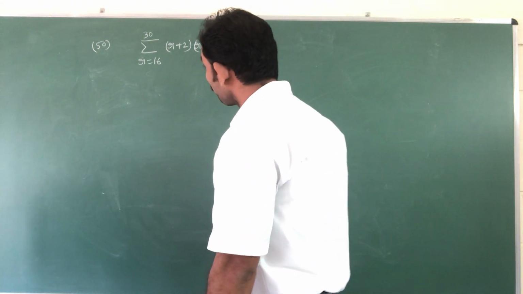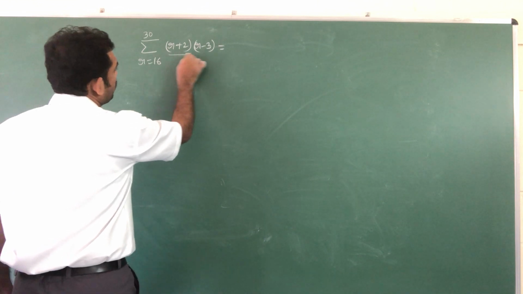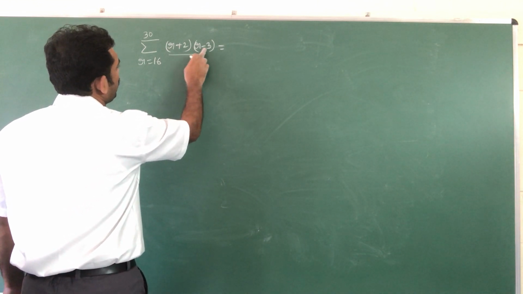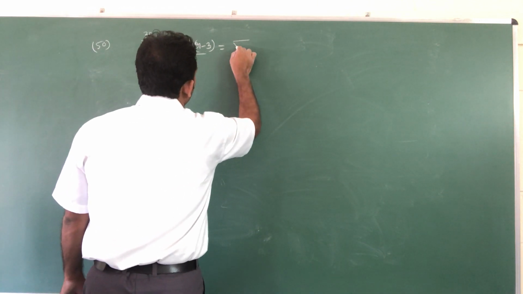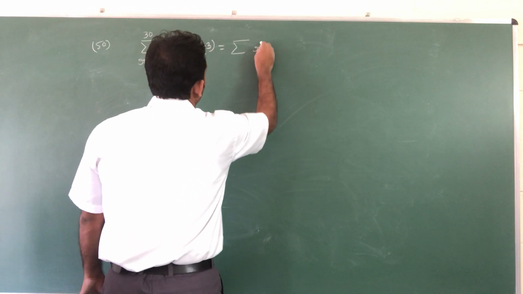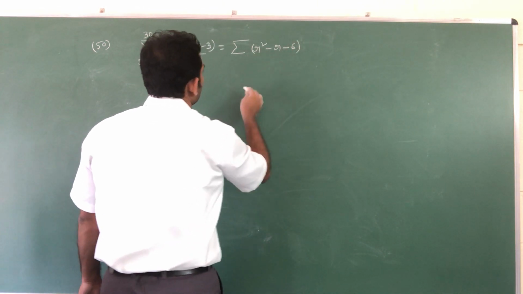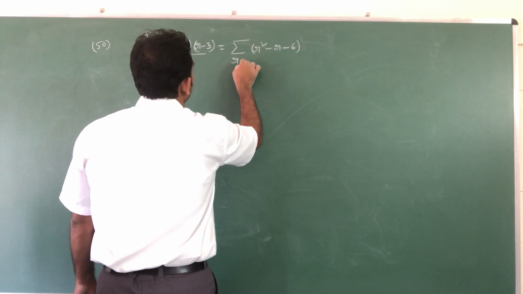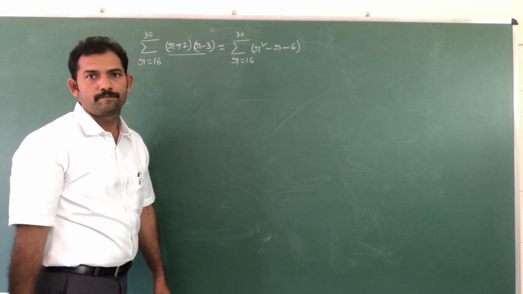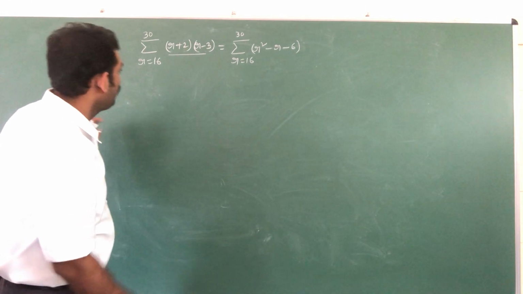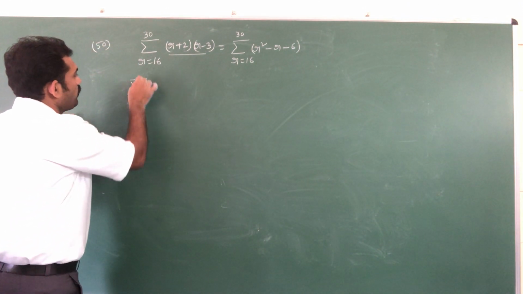So generally for the sigma value, expand this one: R square minus 3R plus 2R minus 6. So sigma R square minus R minus 6. This is expanded, where R is equal to 16 to 30. So this sigma value I am writing as sigma R is equal to 1 to 30.